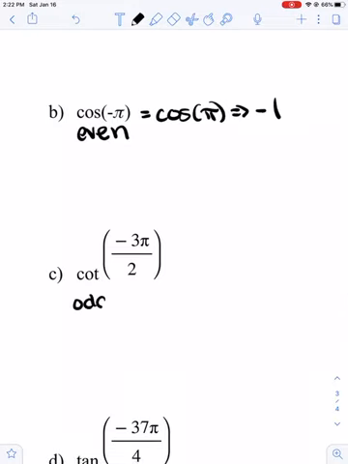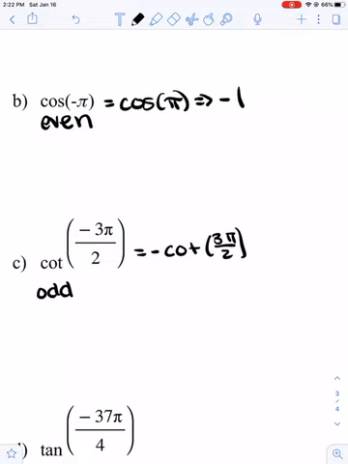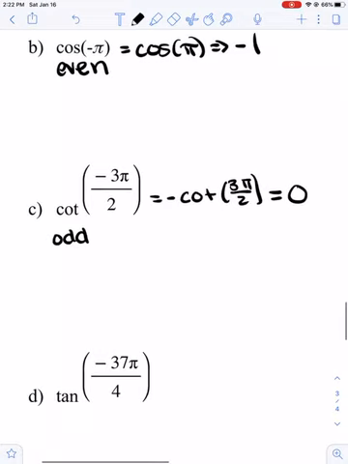Cotangent is odd. So this becomes negative cotangent 3 pi over 2. The cotangent of 3 pi over 2 is 0. And then times the negative, it's just 0. So this equals 0.